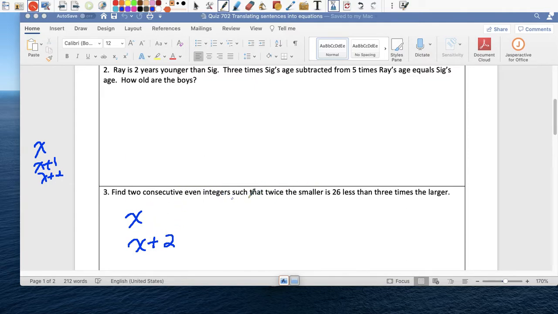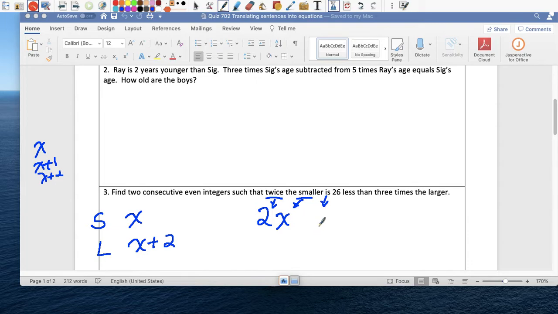Now we're going to set up our equation such that twice the smaller one, so 2 times the smaller one, which is x, is 26 less than 3 times the larger one. Translate it literally.